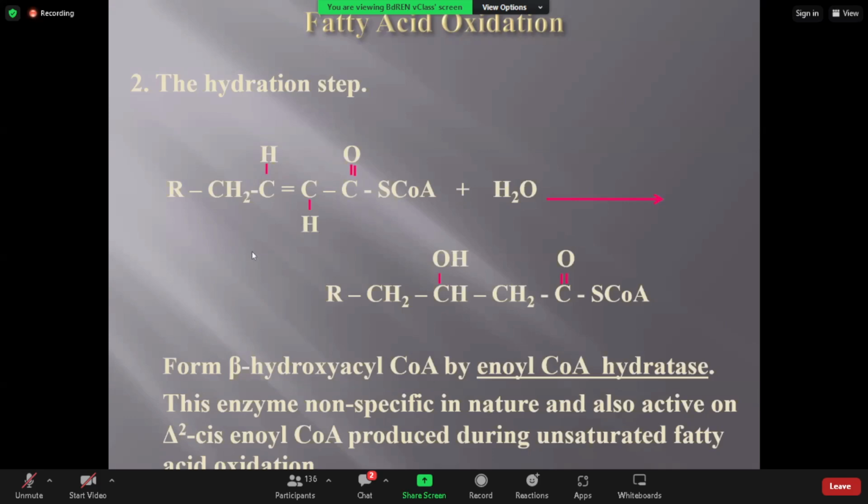If this chain is produced from an unsaturated fatty acid, obviously the cis-enoyl coenzyme A will be produced, and the enzyme will be the same for this substrate. So for this reason, this enzyme is called a non-specific enzyme in respect of cis and trans configuration.